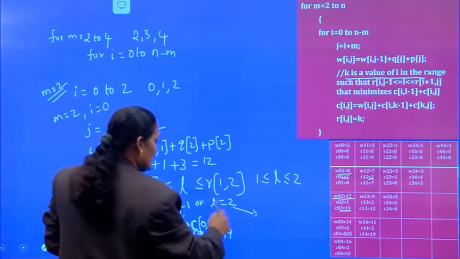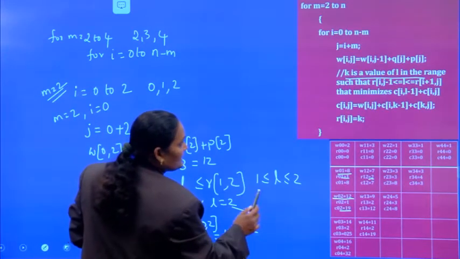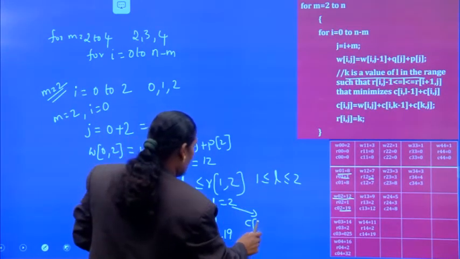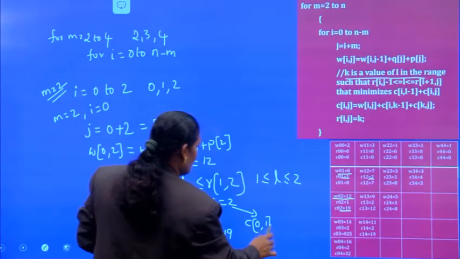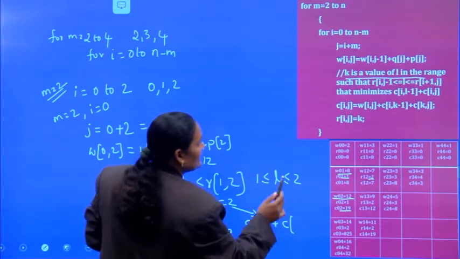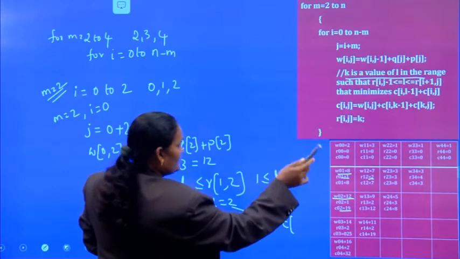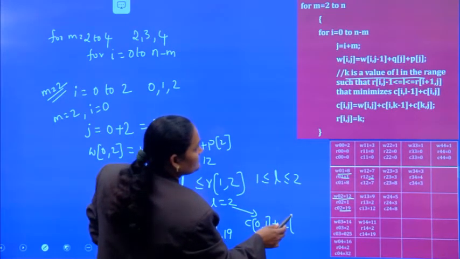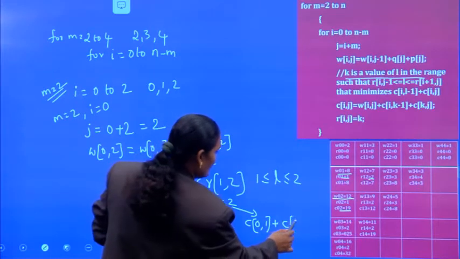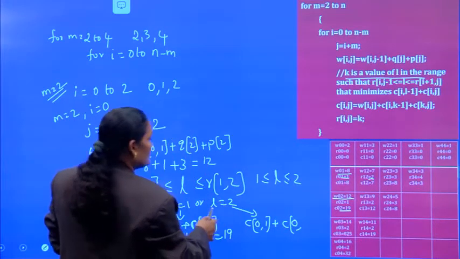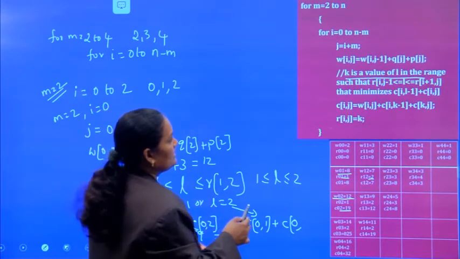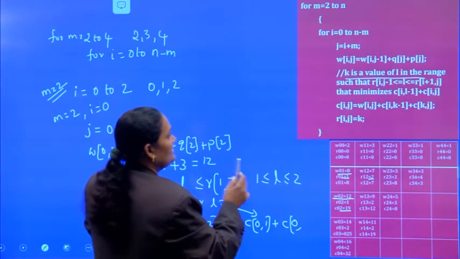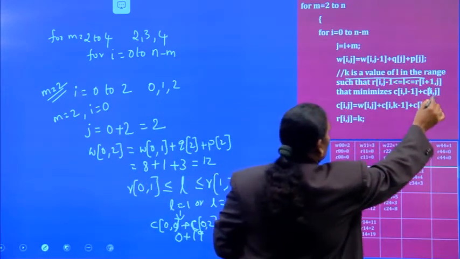And coming to this L value, C I L minus 1. I is 0, L minus 1 is 1 plus C I J. What is I? I is 0 and J is, sorry, here this becomes LJ.